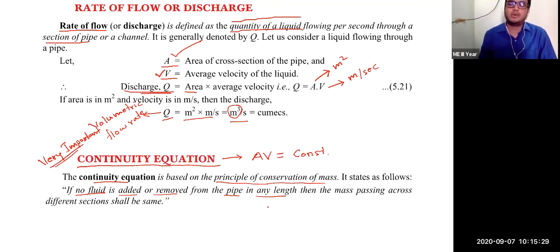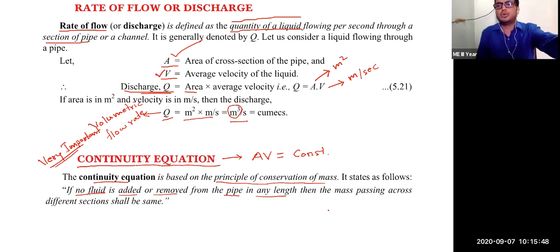Once again, if no fluid is added or removed from the pipe in any length, then the mass passing across different sections shall be the same. Now try to understand what is its meaning.